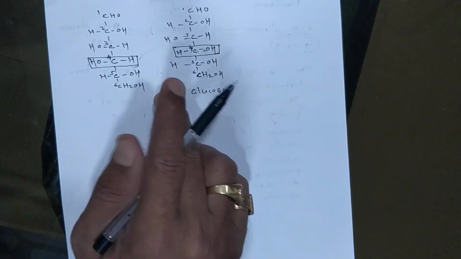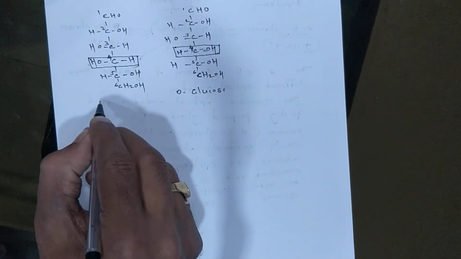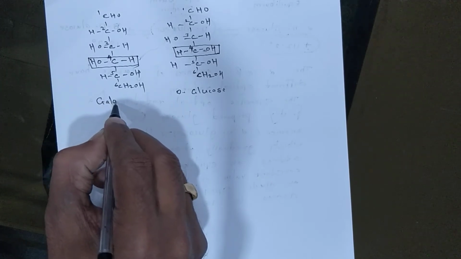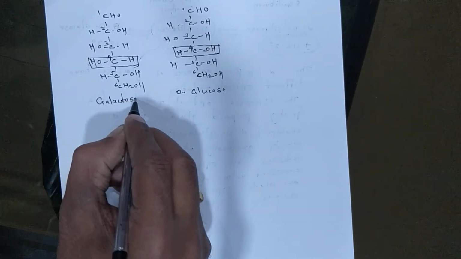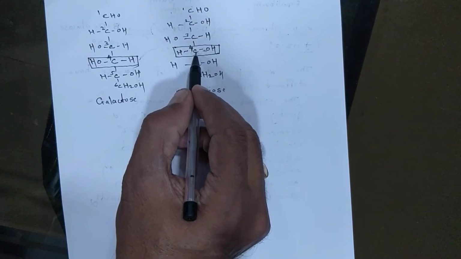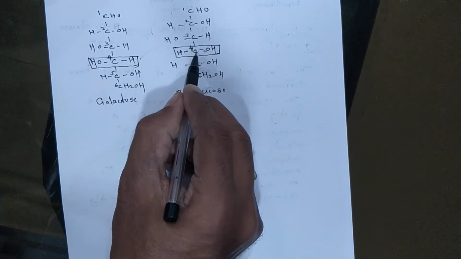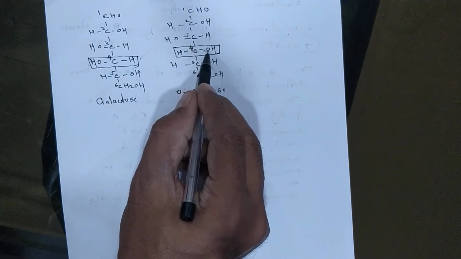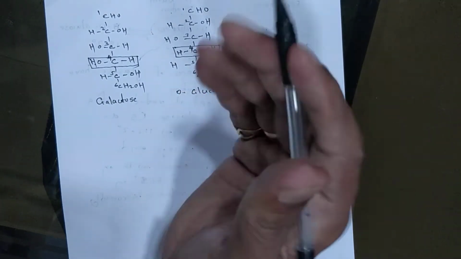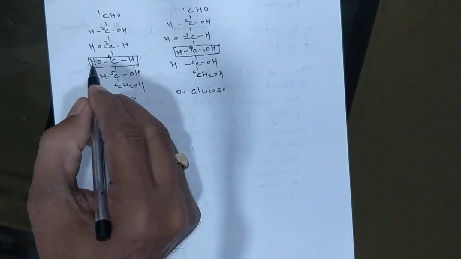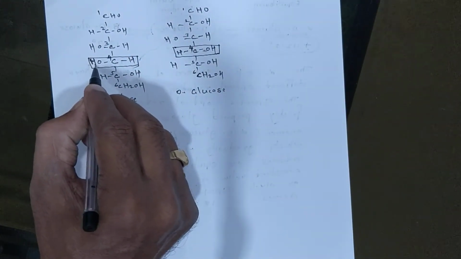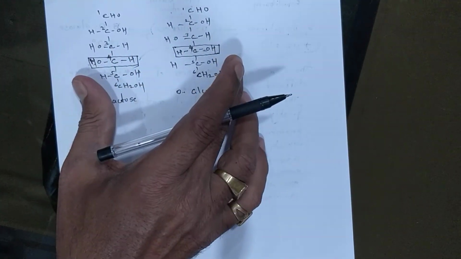The glucose epimer is galactose. Now this is the structure of galactose, hence it is the epimer of glucose. At a specific carbon, H and OH interconvert. See the glucose carbon 4 OH, which side? That is the right side, and this galactose OH, which side? That is the left side, that is an epimer.